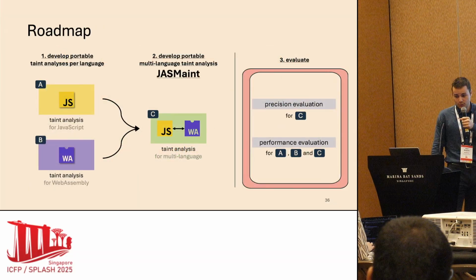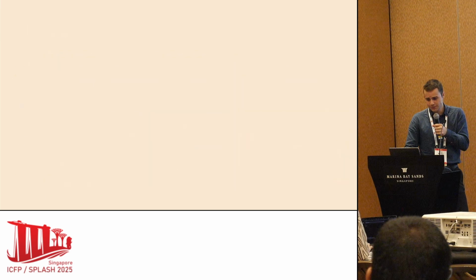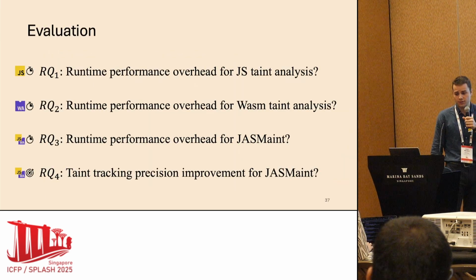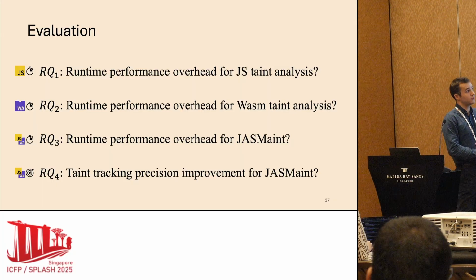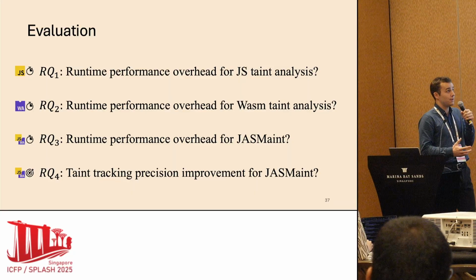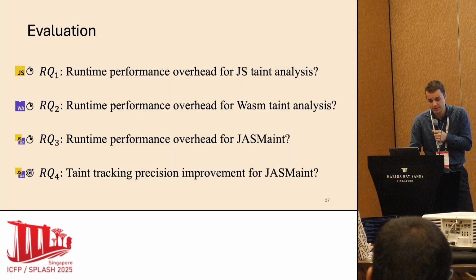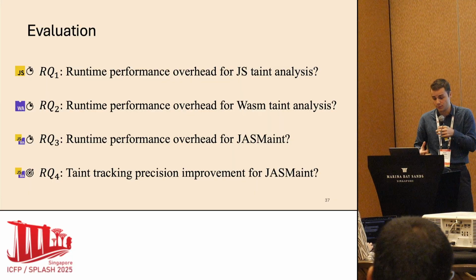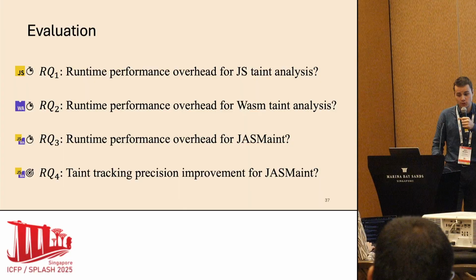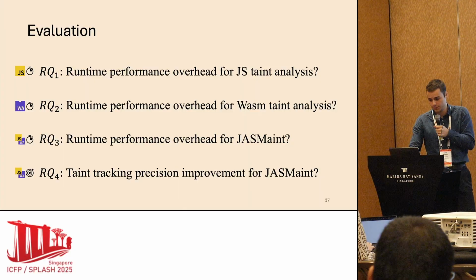Now, in terms of evaluation, we posed 4 research questions. What's the runtime performance overhead for JavaScript's taint analysis? What's the runtime performance overhead for WebAssembly's taint analysis? What's the runtime performance overhead for JASMaint when we combine the 2? And what's the taint tracking precision improvement for JASMaint?